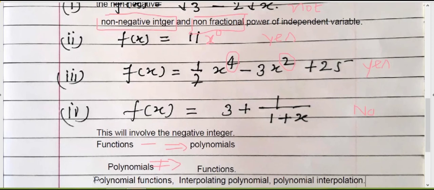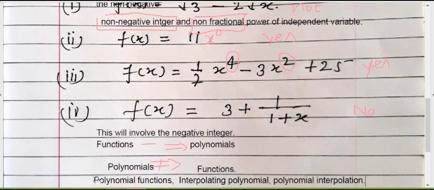So polynomial will play a very important role because of mathematical convenience. Why did we approximate the complicated function by the polynomial?